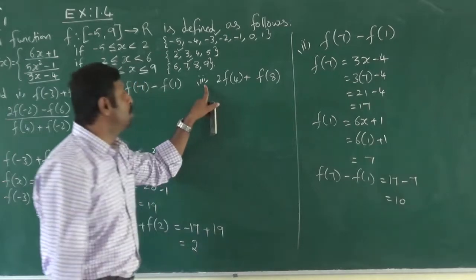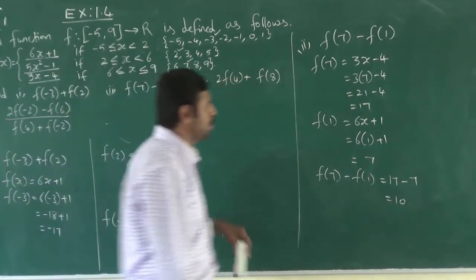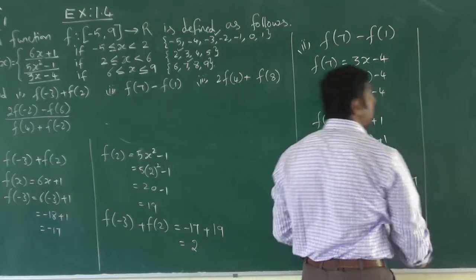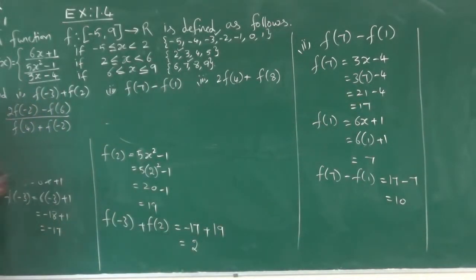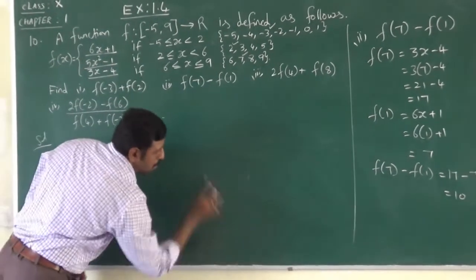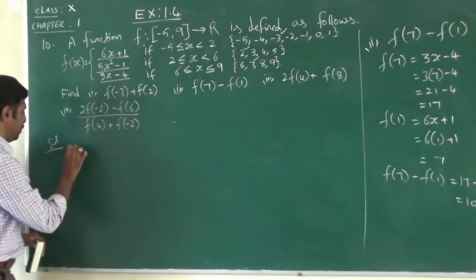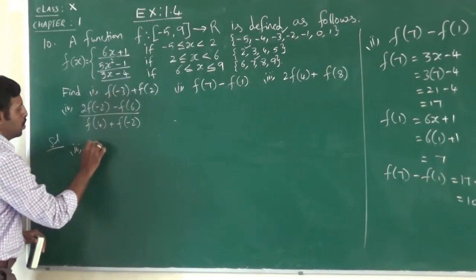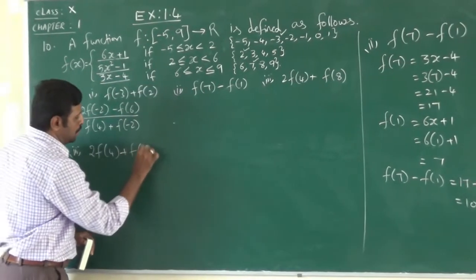Next we see the third Roman number, 2 times of f of 4 plus f of 8. The third Roman number is 2 times of f of 4 plus f of 8.